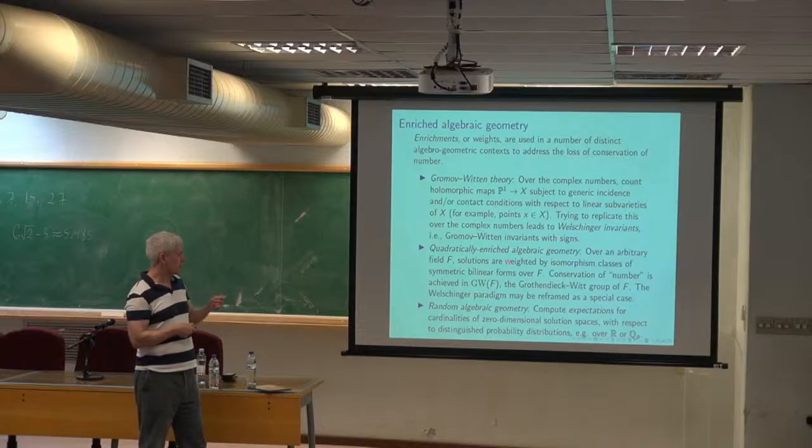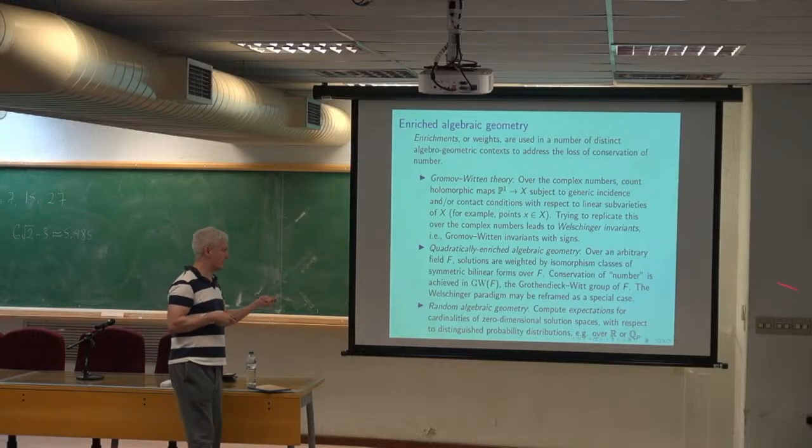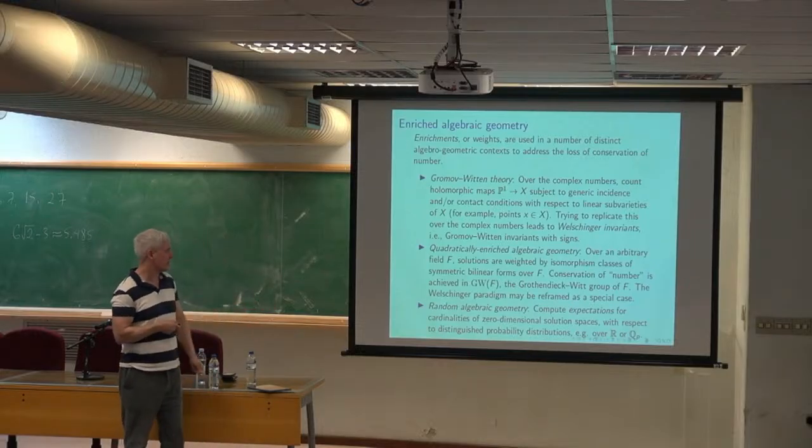Today I am going to be interested in a paradigm that generalizes this Welschinger paradigm. One way of fixing this issue of number not being conserved over an arbitrary base field is to work within the context of what I'm going to call quadratically enriched algebraic geometry. So what's this going to mean?